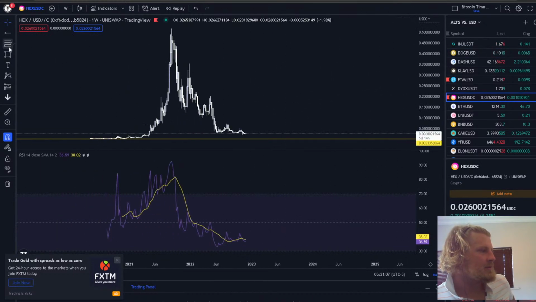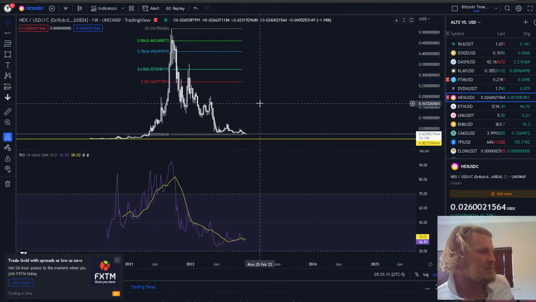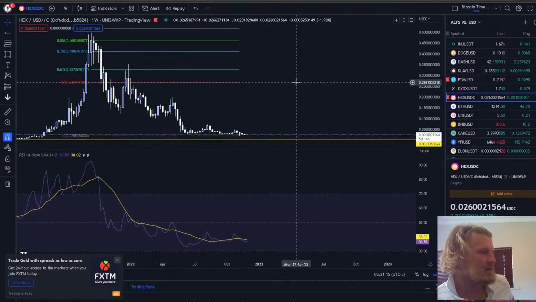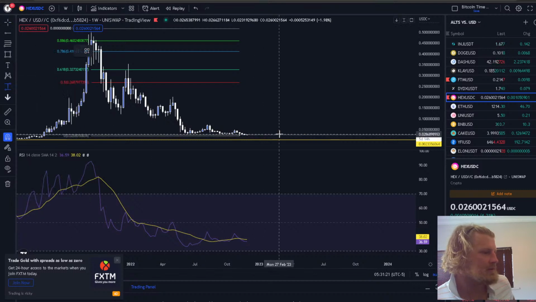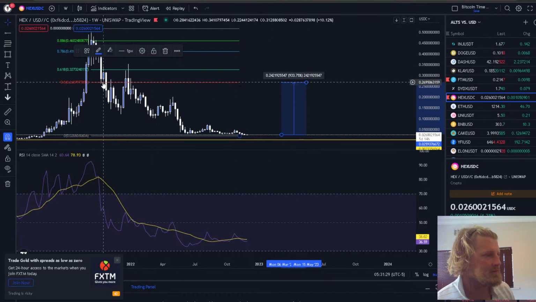This is not the time to be scared, right? This is where you should be excited. I mean, look where the 50% is for Hex at 26. So if I'm just looking at Hex versus Dogecoin, this is a 9x, right? From where we are currently at, just to the 50%.